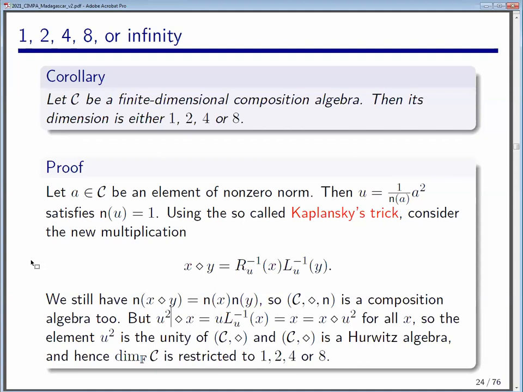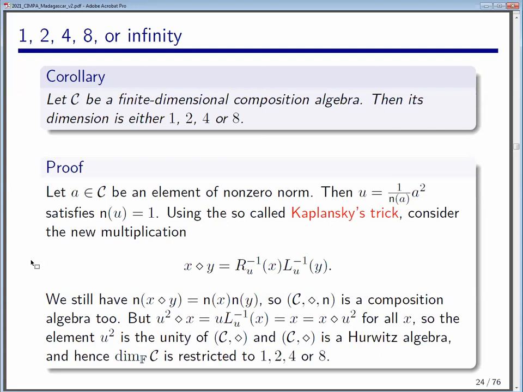Now, once we have an element of norm 1, we can deform the product, we can twist the multiplication to get a new multiplication in such a way that this new multiplication behaves nicely with respect to the norm, in the sense that the norm is multiplicative with respect to the new multiplication, but this new multiplication is unital. We have a unity element, and the unity element for the diamond multiplication is u squared.